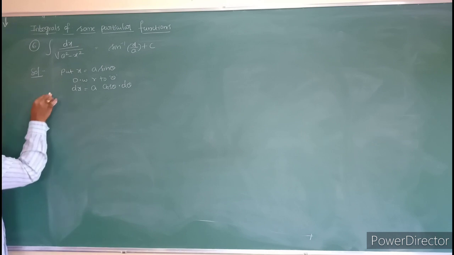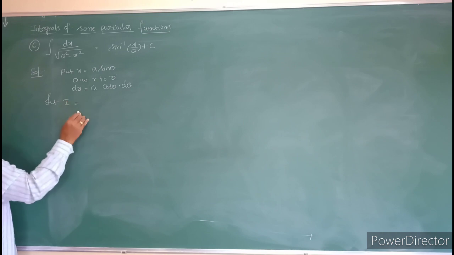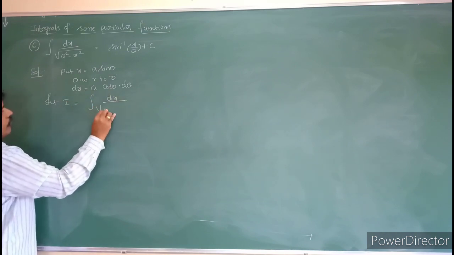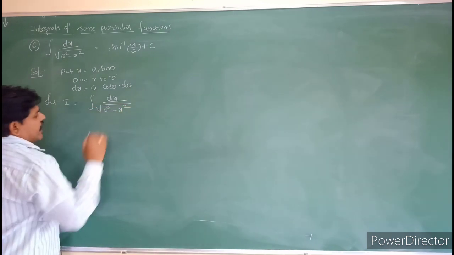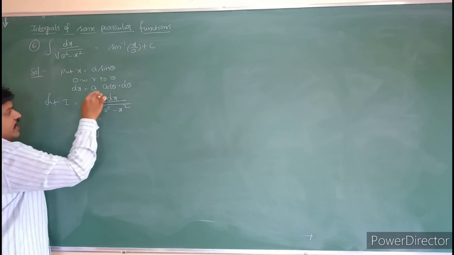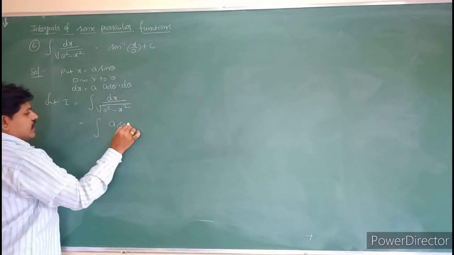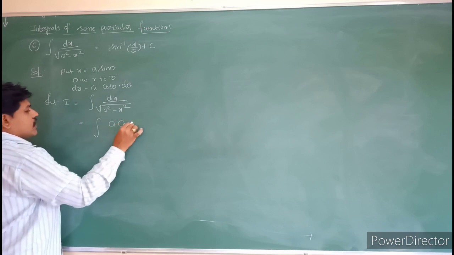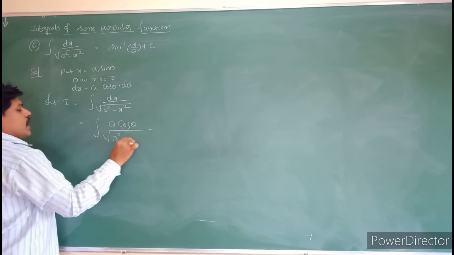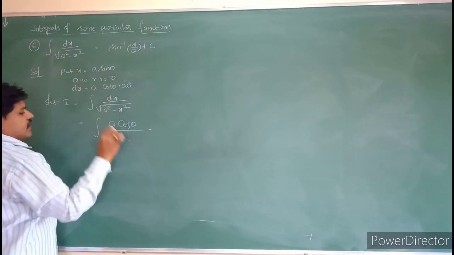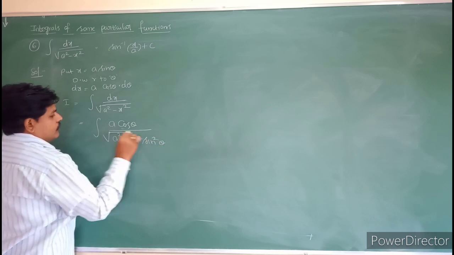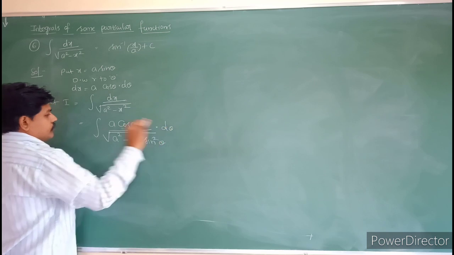So take the problem. Let I is equal to integral of dx by root of a square minus x square. That is equal to integral of, what is the dx value? a cos theta by root of a square minus, what is the x value? x value is a sin theta, so a square sin square theta d theta.